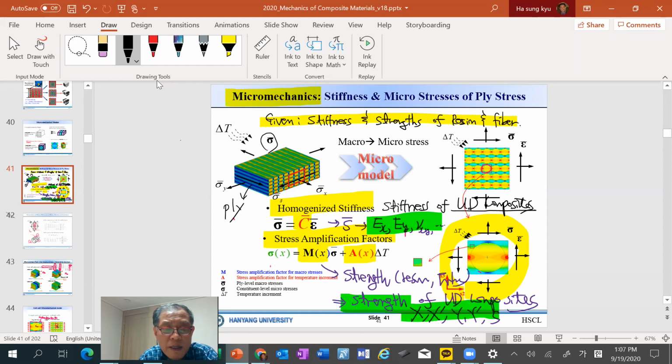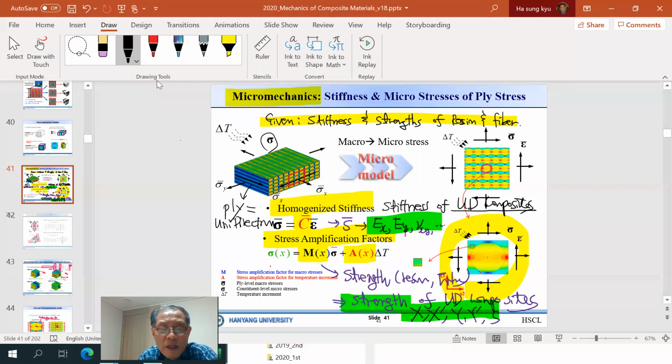Just one ply has one direction, unidirectional. So ply usually means unidirectional composites.